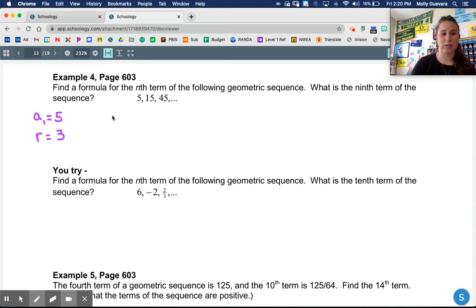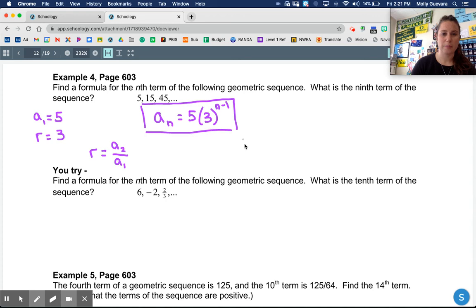However, if you're ever looking at it and you don't know what it's multiplying by, just make sure that you do your a2 over a1. And that'll tell you what you're multiplying by. So I can write the equation, a sub n equals my first term, which is 5, times my common ratio, which is 3, to the n minus 1. So there's the first part that it wanted me to find.